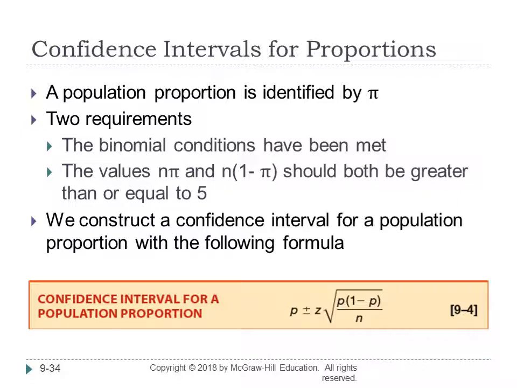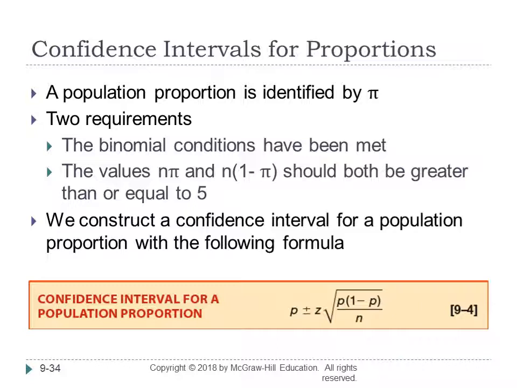A population proportion is identified by pi. There are 2 requirements. The binomial conditions have been met, and that's why we use pi, which was the probability of success, if you recall. The binomial conditions must be satisfied. The values for n pi and n(1 minus pi) should both be greater than or equal to 5.